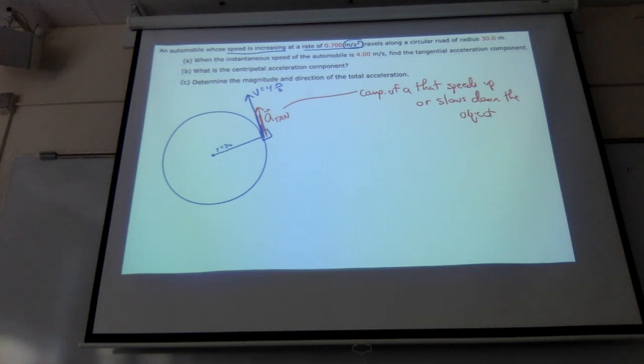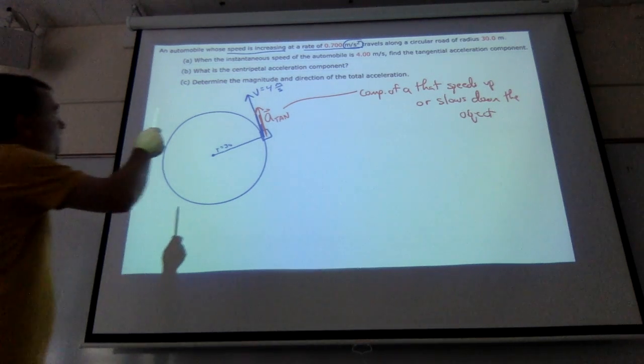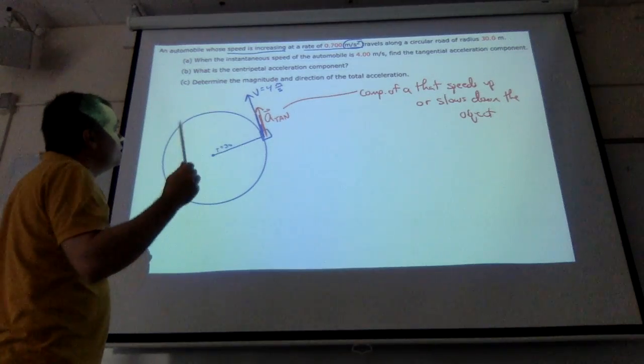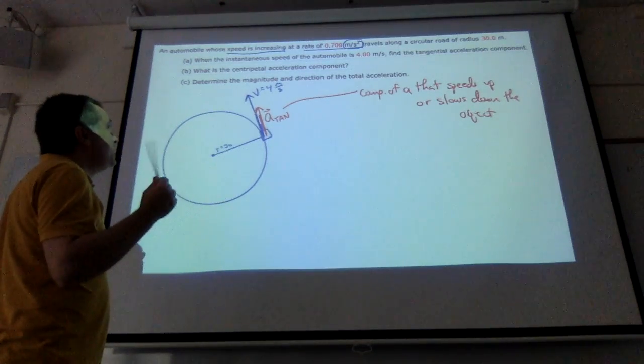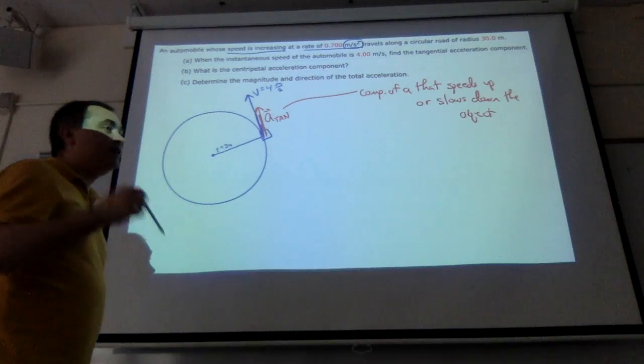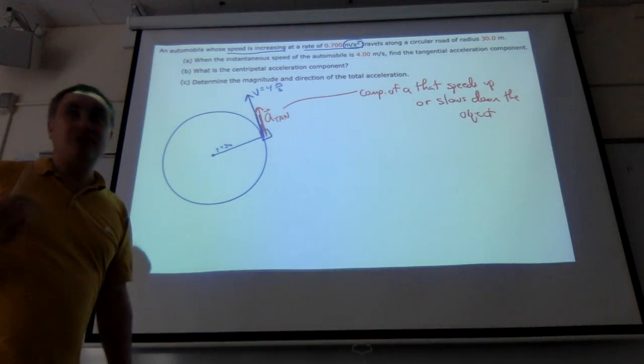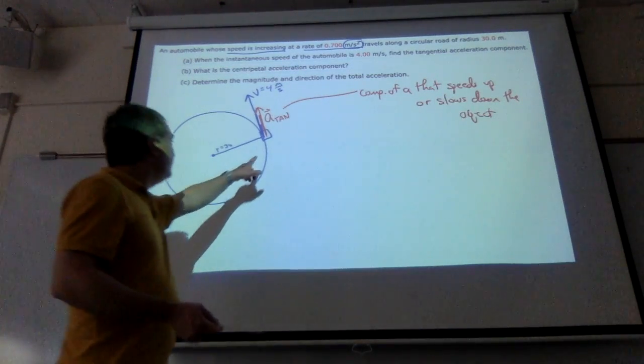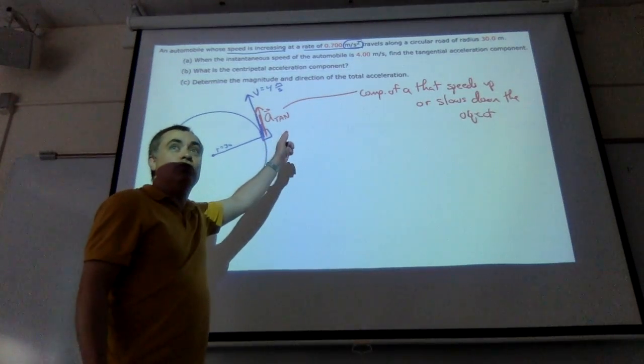If it's pointing in the same direction you're moving, it's going to make you go faster. If it's pointing opposite to the direction you're moving, it'll make you go slower. Notice it said the speed is increasing at a rate of 0.7 meters per second squared. It's telling us how much it's accelerating, specifically, how much it's accelerating tangent to the circle.